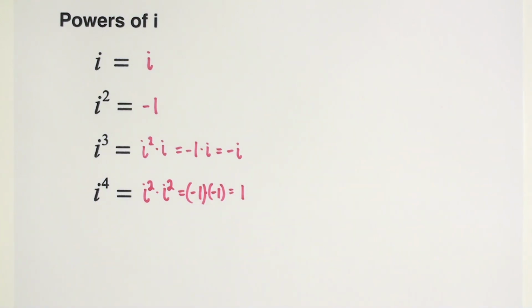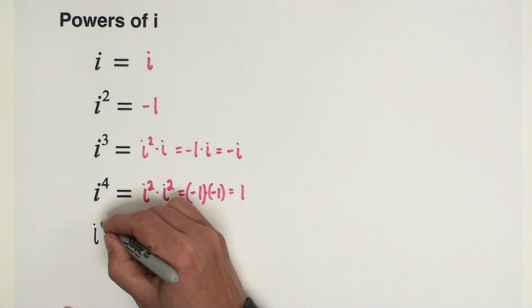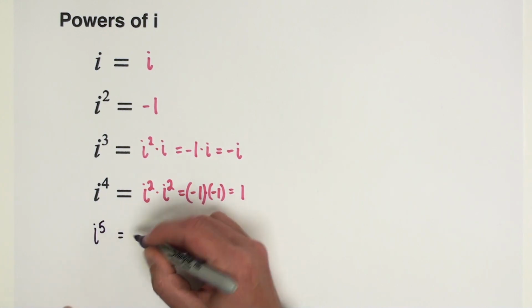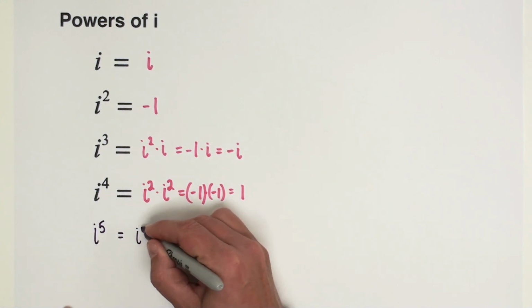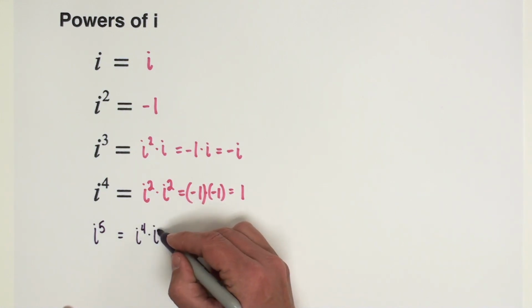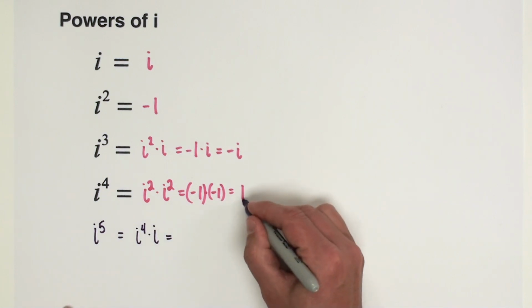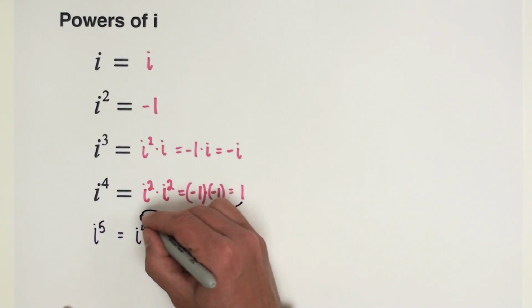Now, if I were to go farther, and I know I didn't write them there, but let's say I go a little bit farther. If I were to do i to the 5th power, i to the 5th power could be i to the 4th power times i, because 4 plus 1 more gets me back to 5. And i to the 4th power is 1.